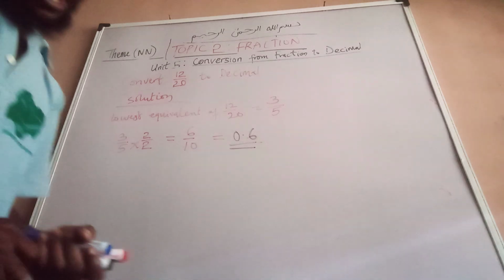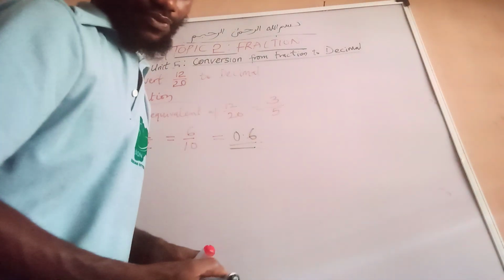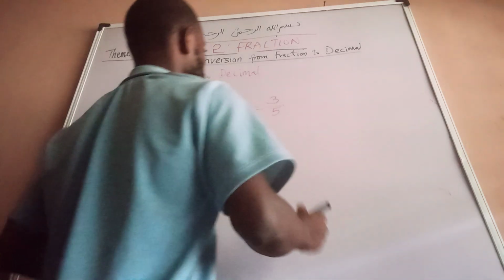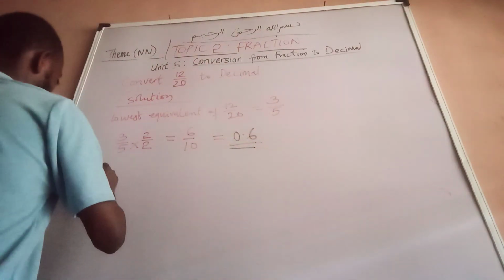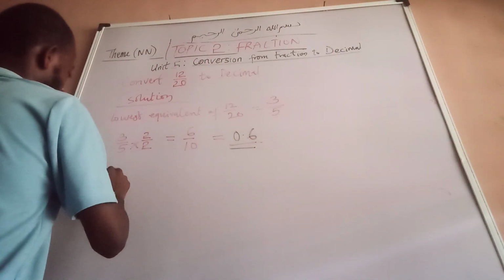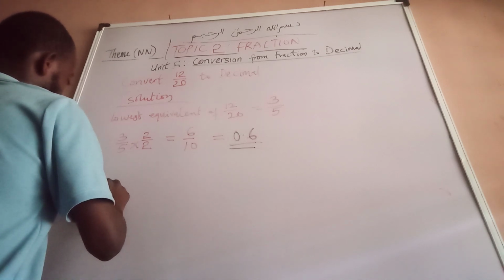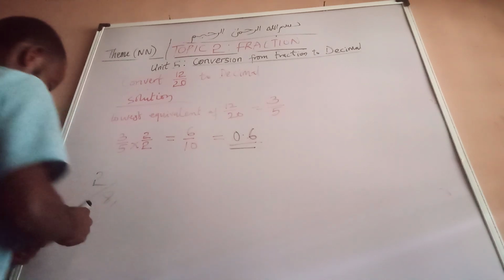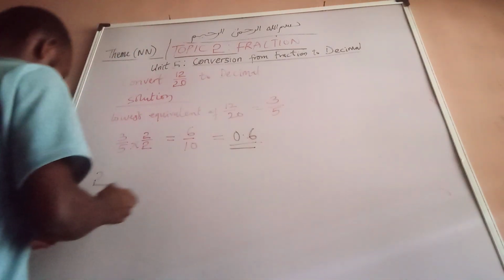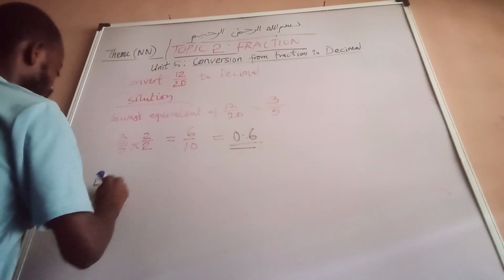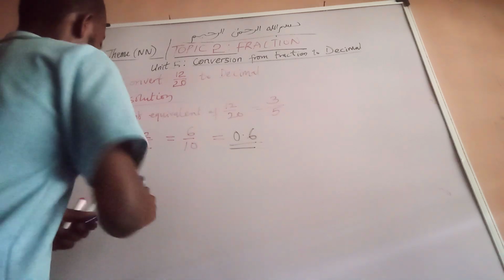So now, let me give you an exercise to do. Convert to decimal: 0.7. Convert this one to fraction. Convert 2/8 to decimal.